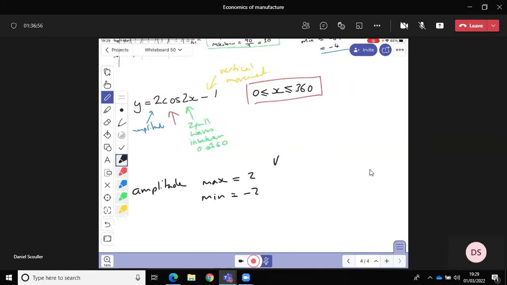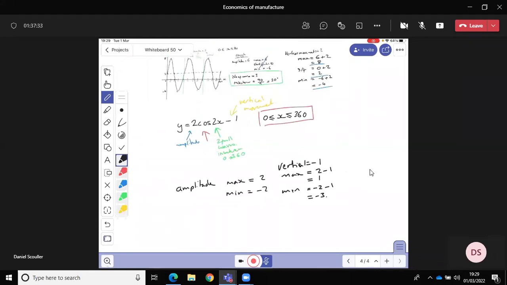But we've got vertical movement of -1. So that would take the max and the min. Writing it out like that instead of drawing it straight away gives you something to grab onto, especially at the start. Hopefully that helps.